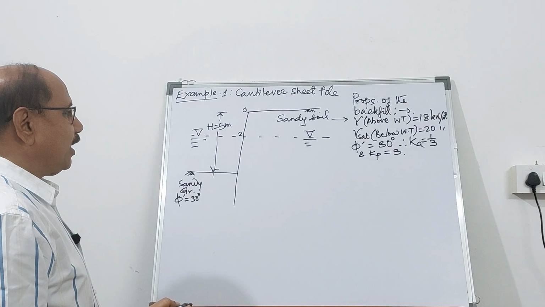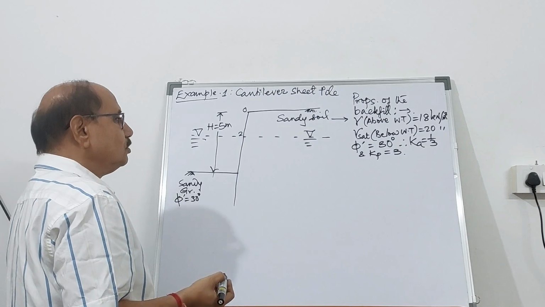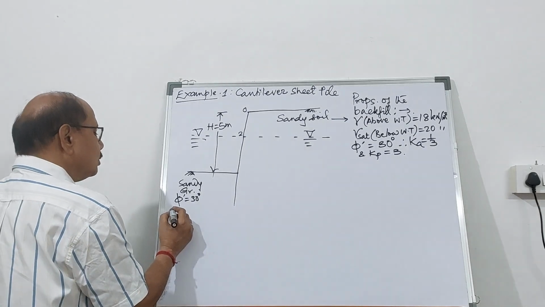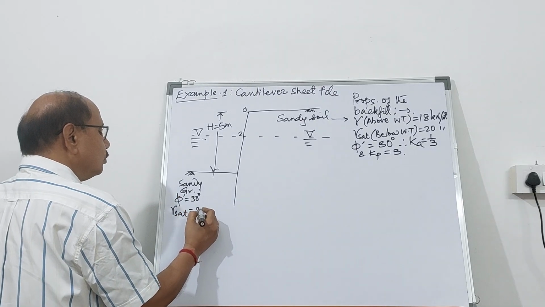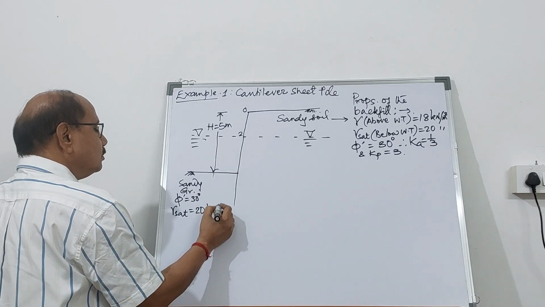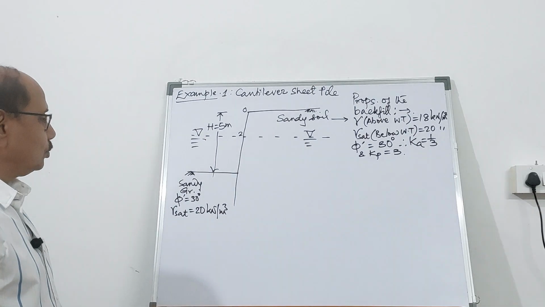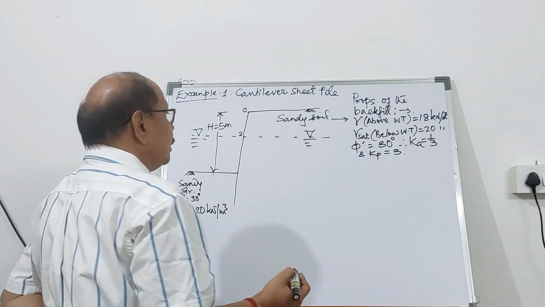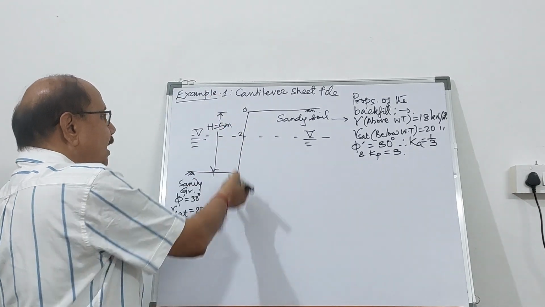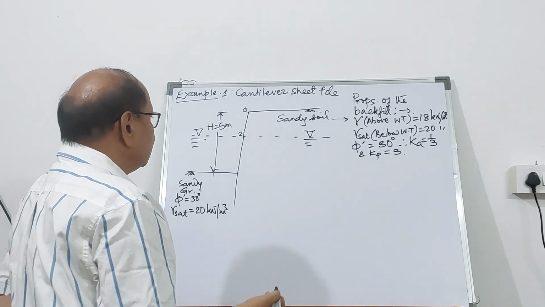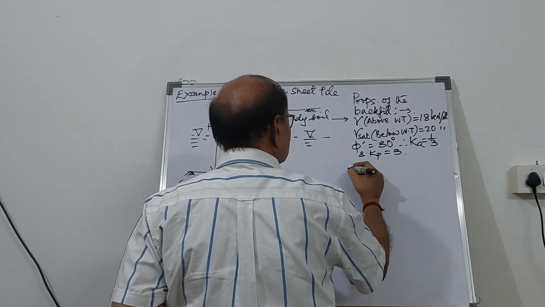So knowing the properties of the backfill and the ground, here also gamma saturated is 20 kilonewton per cubic meter. So if you want to draw the pressure distribution diagram across the cantilever sheet pile of height 5 meter, here let us see the solution.